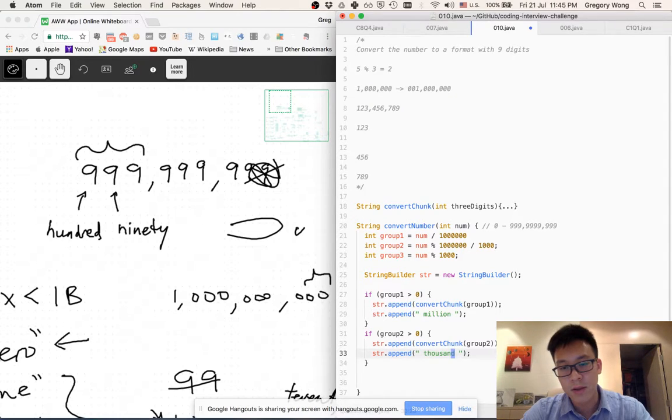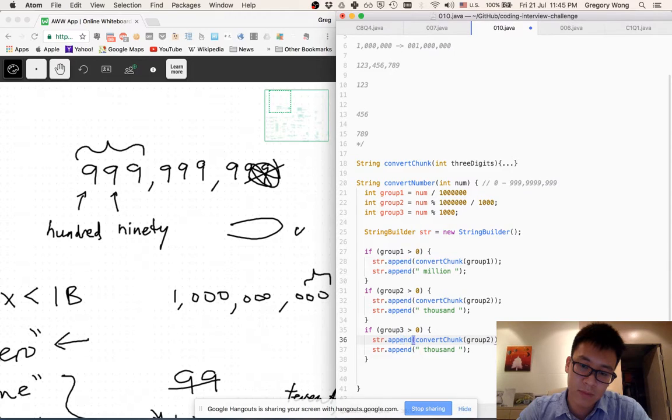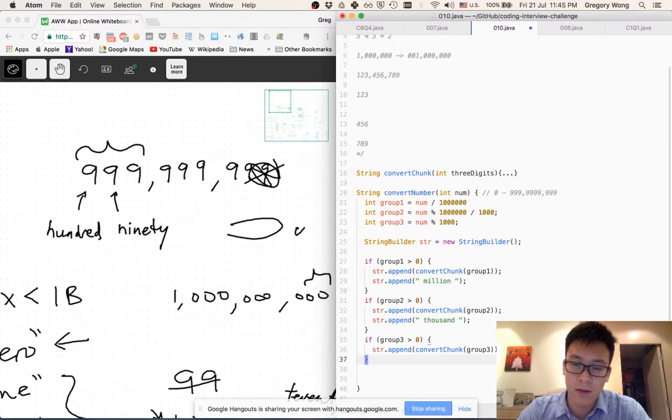And the last group, did I miss anything? So if the last group is group 3, if group 3 is greater than 0, I do the same thing, except this time I don't append anything at the end.